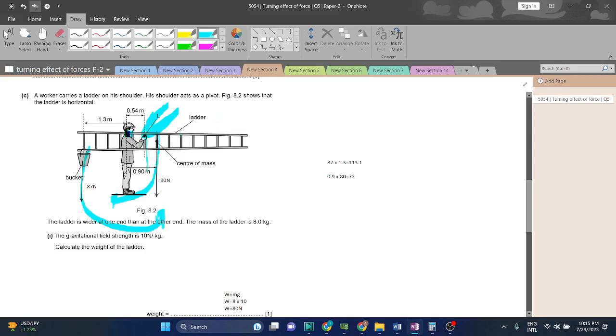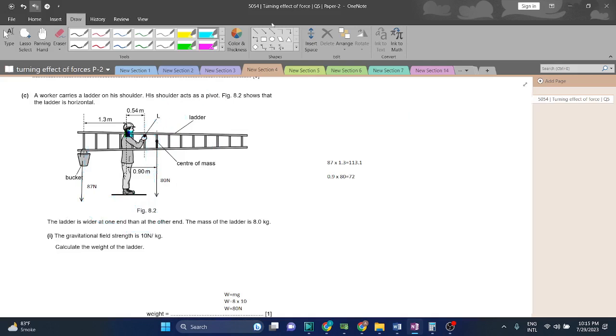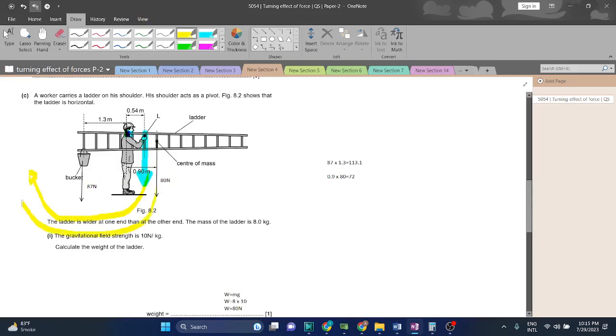We'll need a clockwise force, because the anti-clockwise moment is much greater than the clockwise one. So we need a clockwise force to counter that anti-clockwise force. So the direction is identified, which is downwards, and downwards means clockwise, because if you extend it, you'll know which way the force is going.